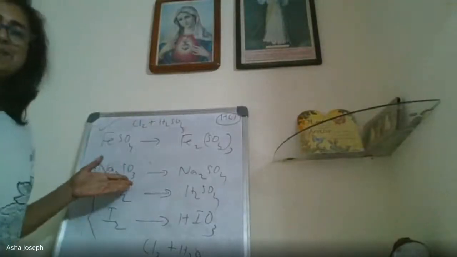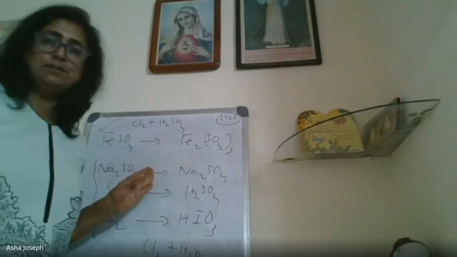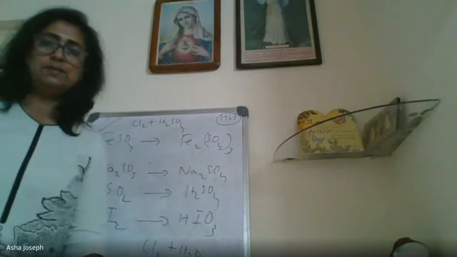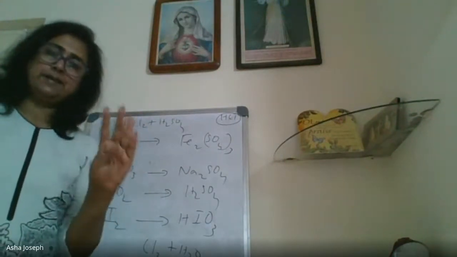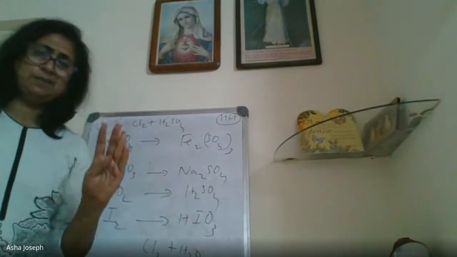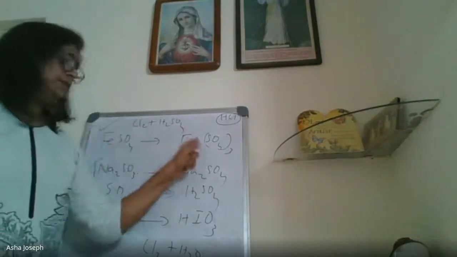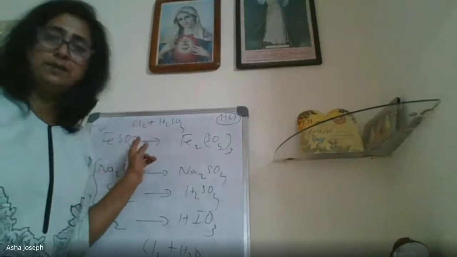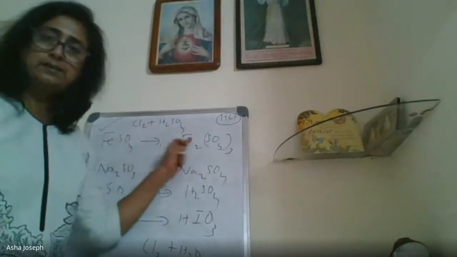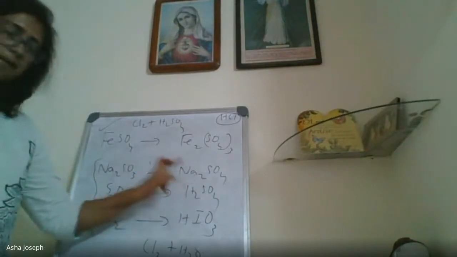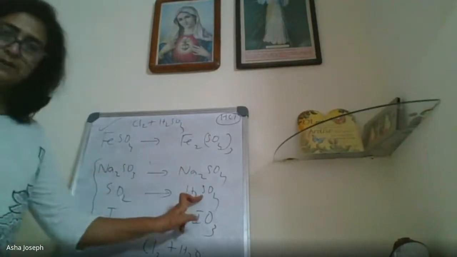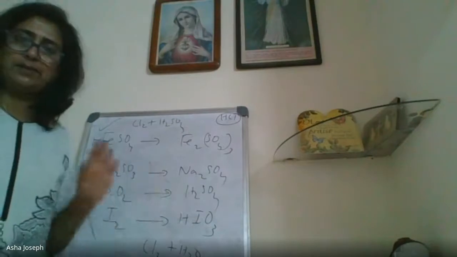Could you explain it again? This is for easy tips to learn by heart. So first, oxidizing property of chlorine. 4 reactions are there. The first one is ferrous sulfate to ferric sulfate. Chlorine will oxidize ferrous sulfate to ferric sulfate. Second one, sodium sulfite to sodium sulfate. SO2 to sulfuric acid. Iodine to iodic acid.